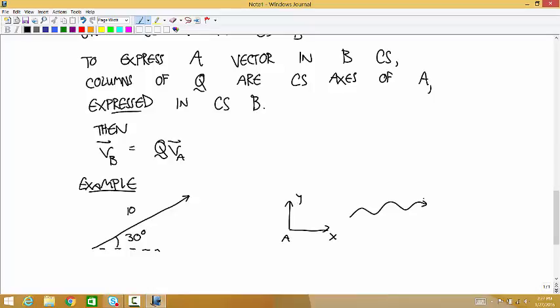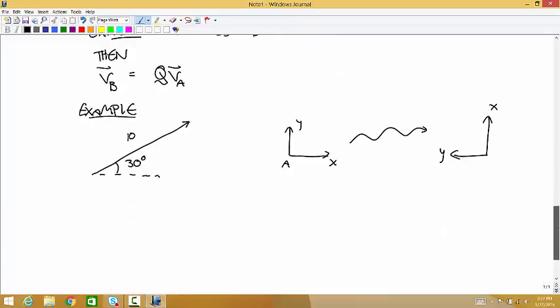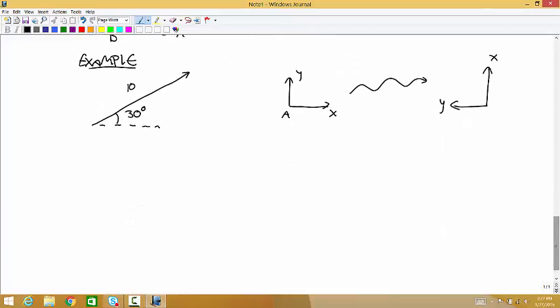We'll say that we know the coordinates in this coordinate system, and then we want to re-express that vector in this coordinate system. Yeah, that's B.